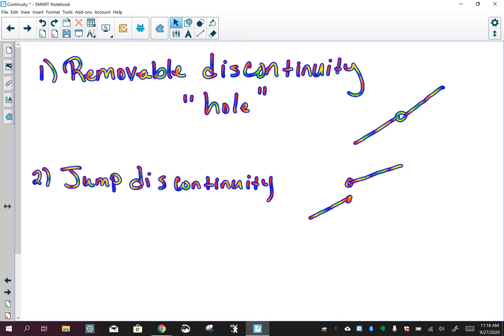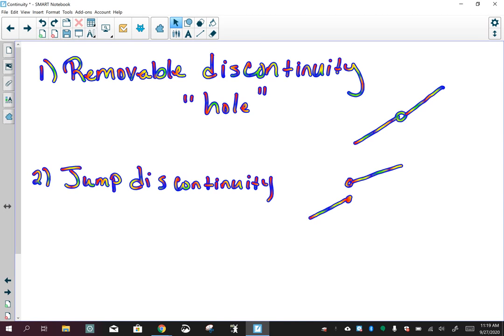The top point can start at that same value, depending on what your function is. So just because it's an absolute value or a piecewise does not necessarily mean it's going to be a jump discontinuity. You always have to check your endpoints or whatever your restriction values are to see if you actually have a jump discontinuity there.